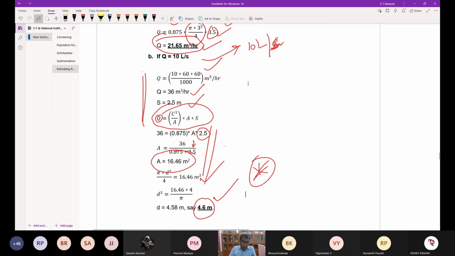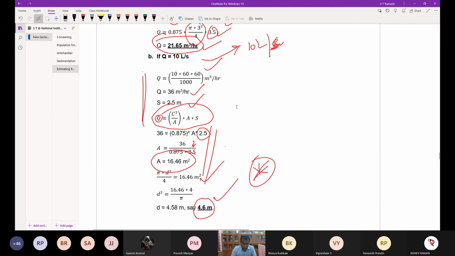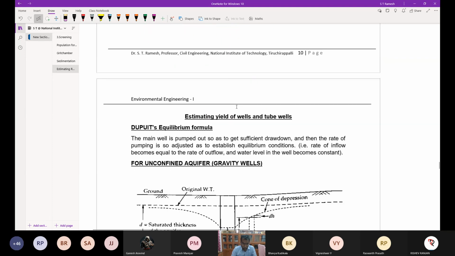Please don't look into it as a problem, but look into it as a concept and how to solve the problem with different requirements. That is enough from the examination point of view. The last one is yield of a well and tube well, the Dupuit equilibrium formula, which we'll discuss in the next class.